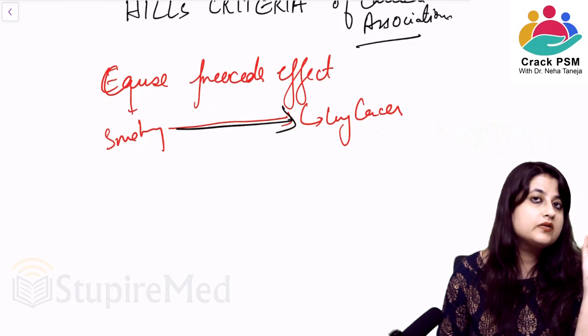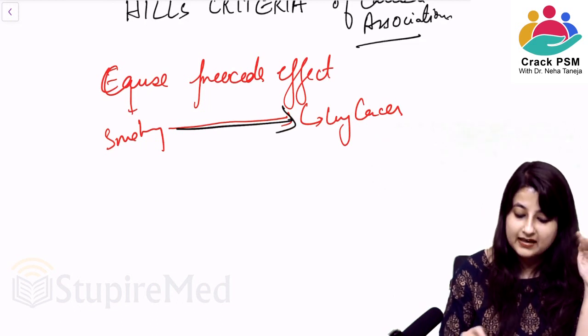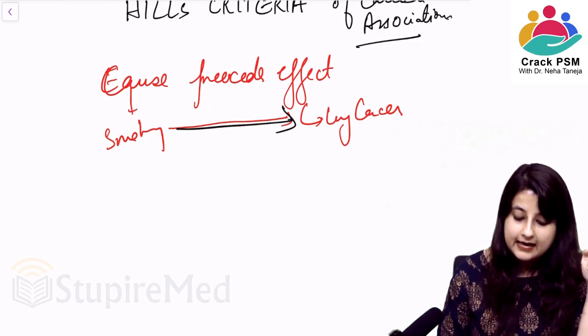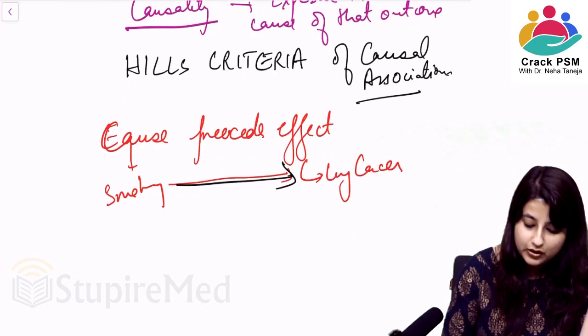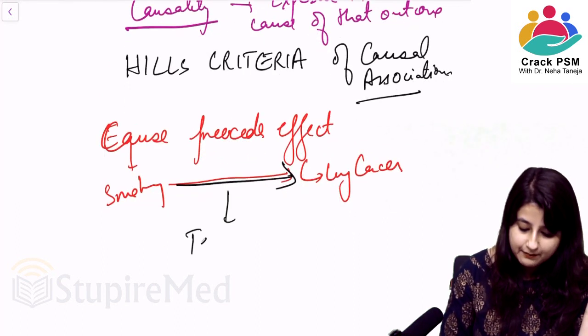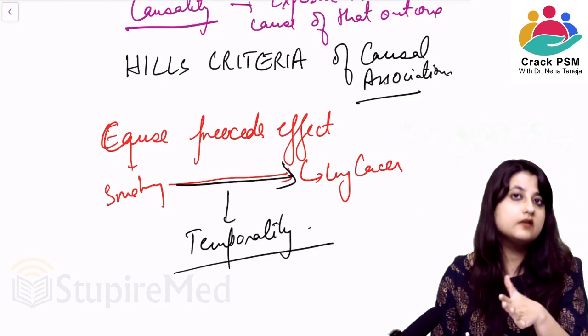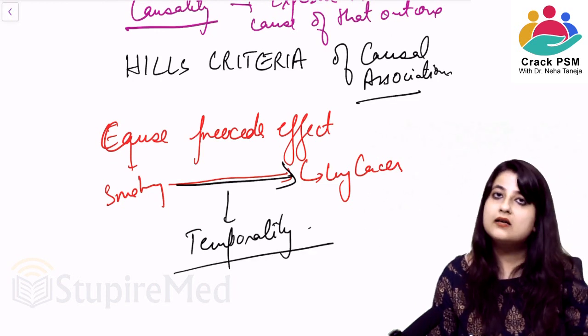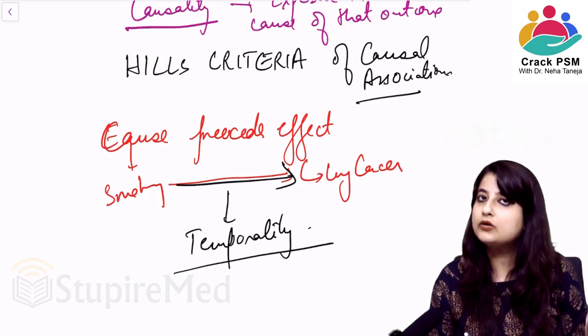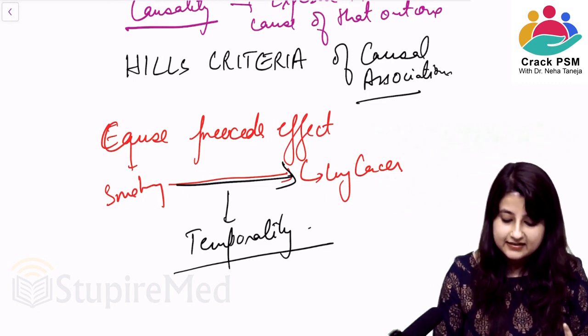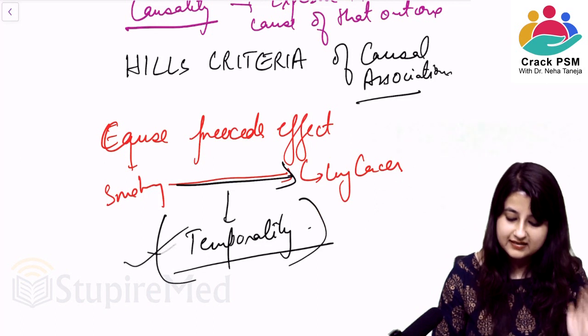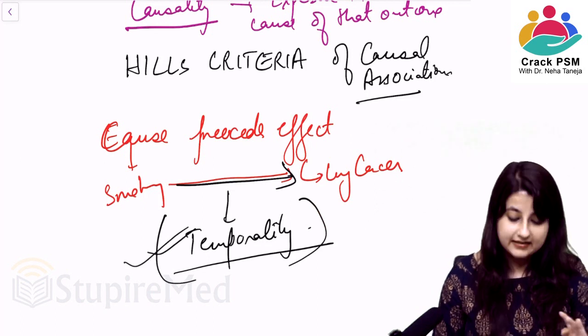So this is the most important criterion to be established in Hill's criteria. This is known as temporality. To say that something is a cause of something, it has to occur before that particular outcome. That is why temporality becomes the most important Hill's criterion.